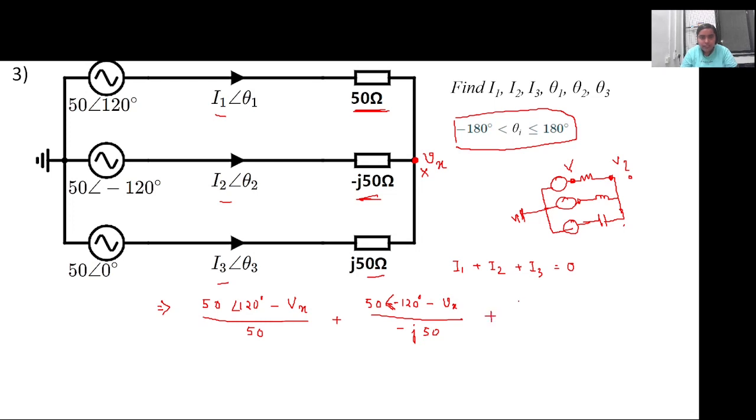And the third current is 50 angle of 0 degree minus Vx by j50. This will be equal to 0. So basically you have to convert these polar coordinates into j form so that you can subtract or divide or whatever.